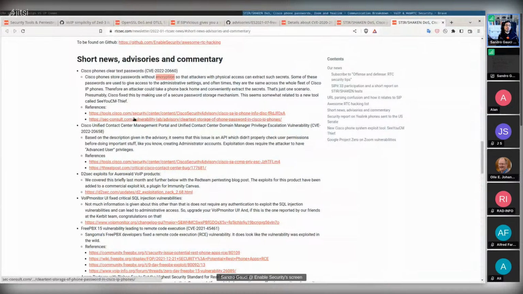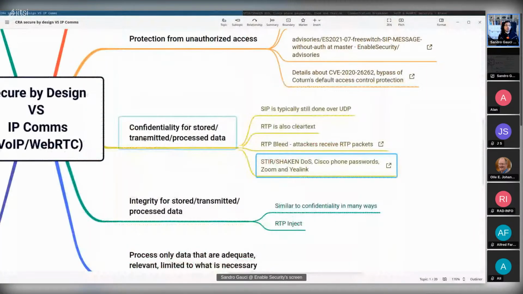It's not clear how Cisco fixed this, and it's not clear to me where you stop at encrypted storage, right? There are various different ways to do it, but this would fall under confidentiality for stored data. So there's a lot of nitty-gritty, a lot of details to be discussed, I'm sure, with regards to this and the CRA requirements.